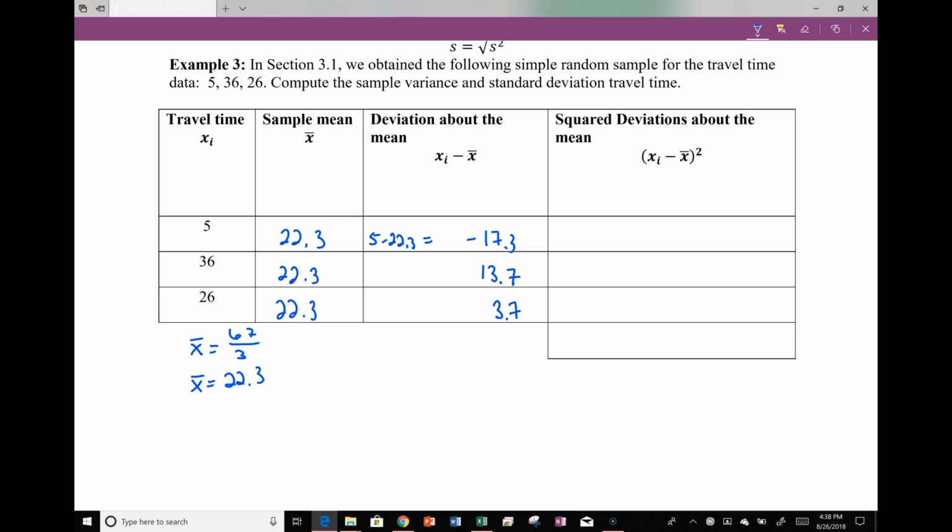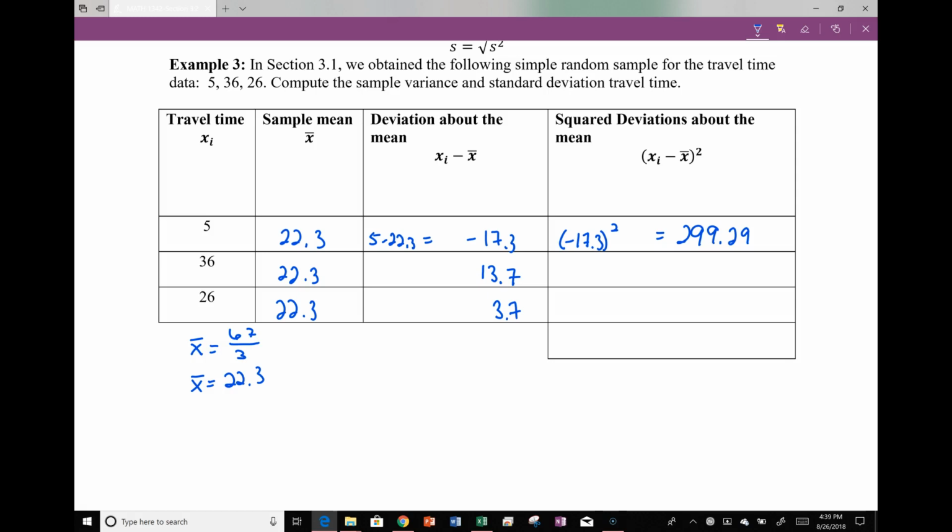Then I'm going to square these. So I'm going to take negative 17.3 and square it, which is saying I'm multiplying it by itself, and that's going to be 299.29.